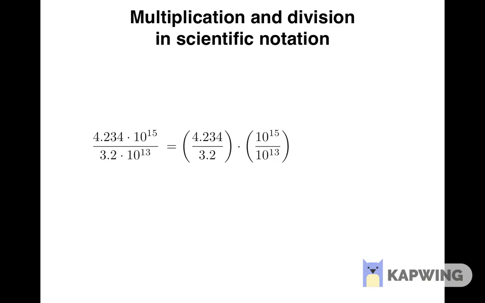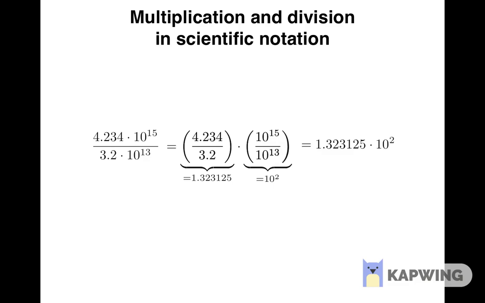So we are dividing a product of 15 tens by a product of 13 tens, and that is a product of 2 tens. Everything else cancels out. So our final answer is the ratio in the first parentheses, which estimates to 1.323125, multiplied by 10 to the second power that we get from the second parentheses.